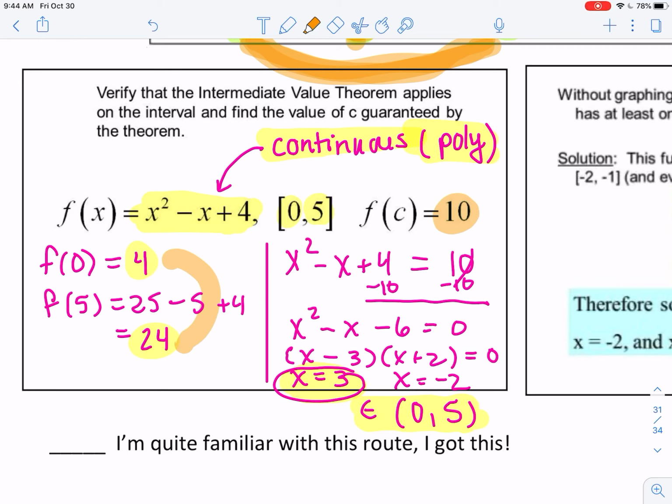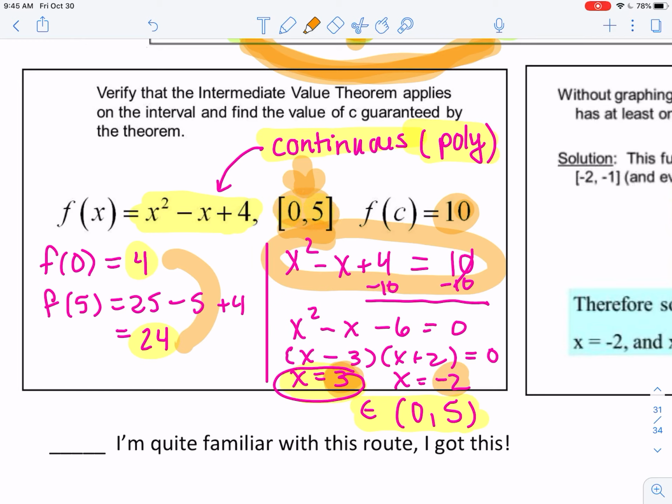So I'm just saying that between 0 and 5, there has to be an answer to that equation, that function value equal 10. There has to be one solution in this interval that makes this true. And so I solved it out, and you see I got 3 and -2. 3 is in this interval, okay?